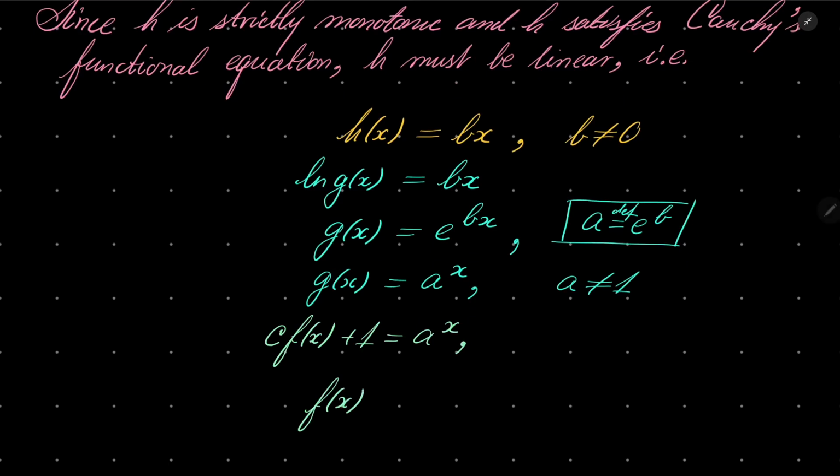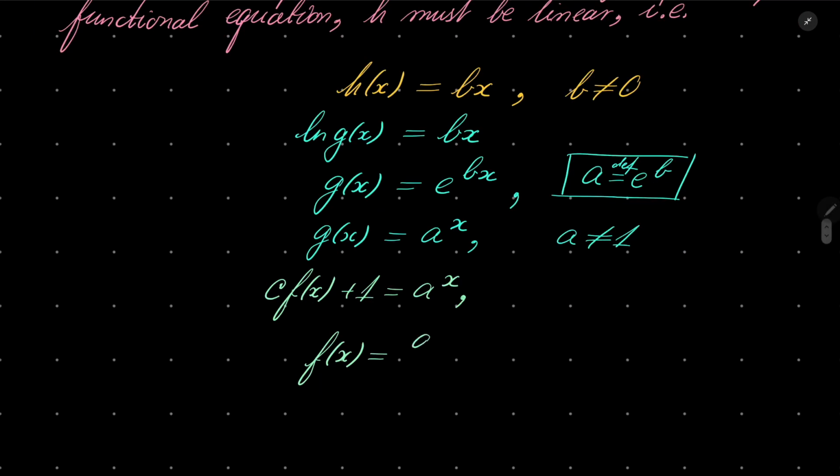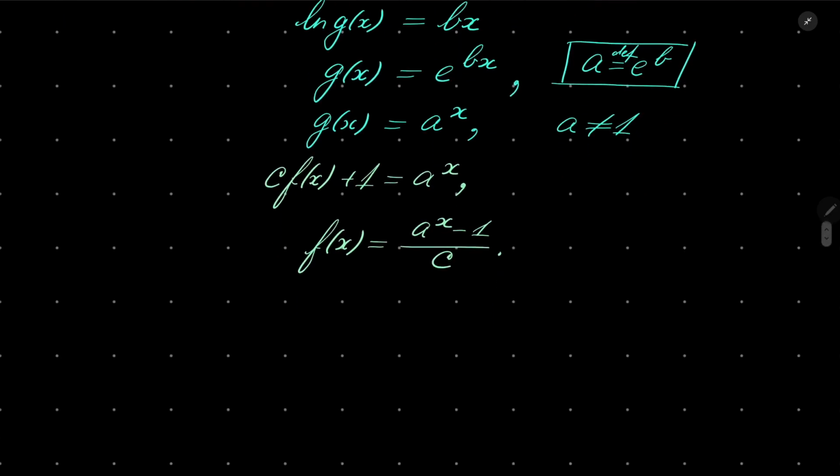And f of x equals a to the power of x minus 1, over c. Very well, and now what was u of x? Well, u of x was c times f of x plus 1, so it is just a to the power of x.